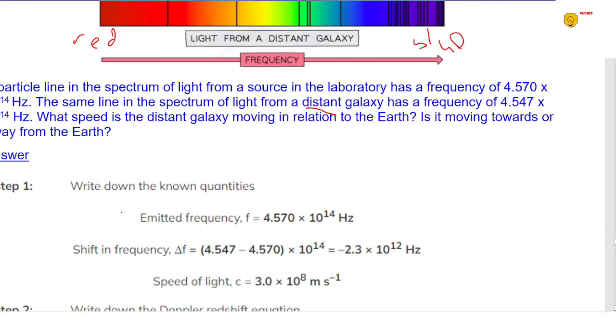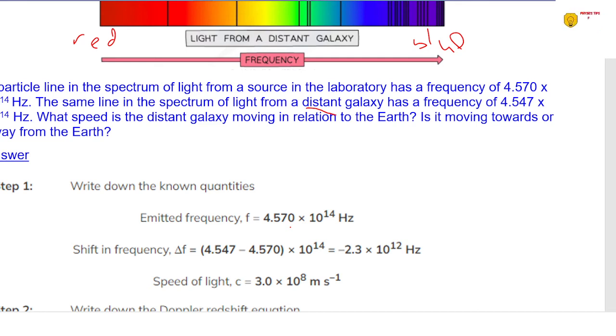So the first thing to do is to write down the known quantities. The emitted frequency is 4.570 times 10 to the power 14, that is from the stationary source. And then the new frequency from the distant galaxy is 4.547. So we find the shift in the frequency, delta f, to be 2.3 times 10 to the power of 12 hertz.